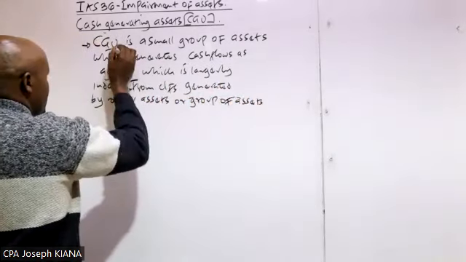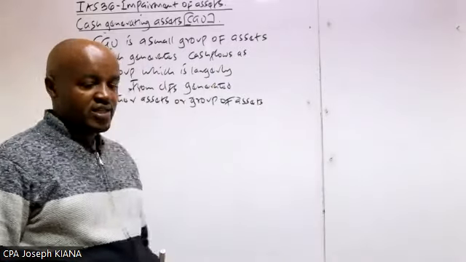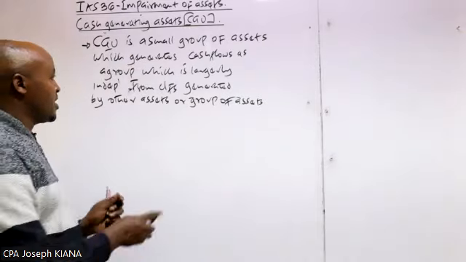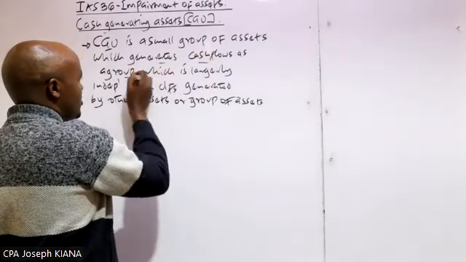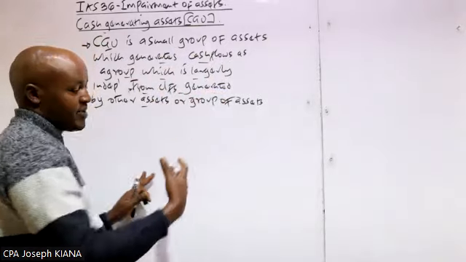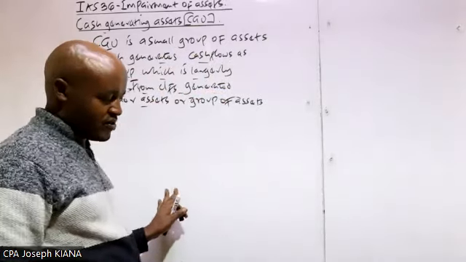So that is the definition of a cash generating unit. It is a group of assets which generate cash flow as a group, which is largely independent from the cash flows generated by other assets or a group of assets.